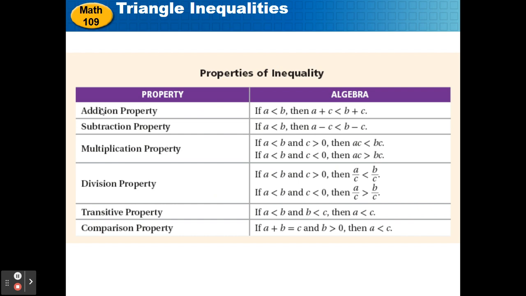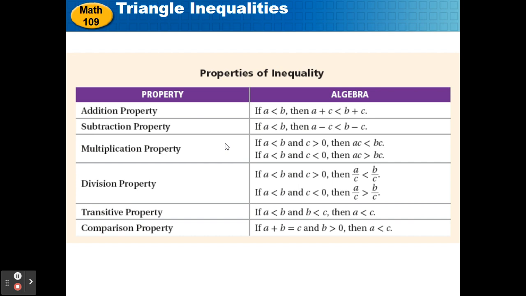A reminder of the properties of inequality. We have the addition property and the subtraction property that work pretty much the same as they do with the properties of equality. However, with the multiplication property and division property of inequality, you do want to recall that if the value that you are multiplying or dividing by on both sides of the inequality is a negative value, then the inequality symbol will be reversed.